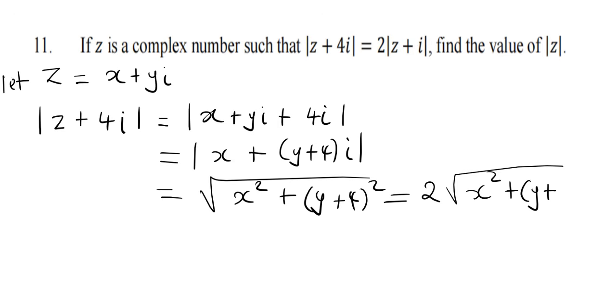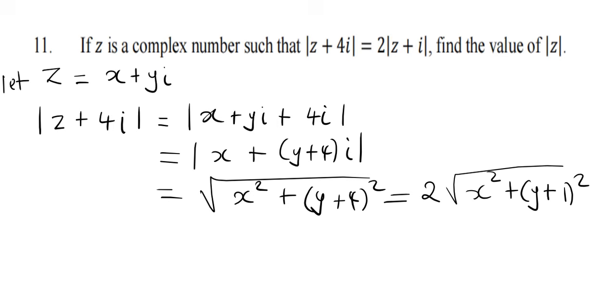So i squared is, in this case, negative 1. So we're going to have 1, that's the coefficient there, then we square it like that. Okay, now that we have this, what do we now do?